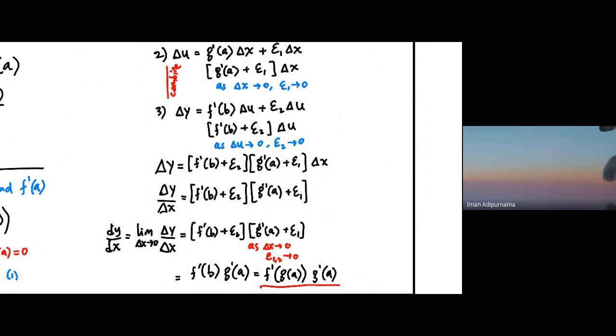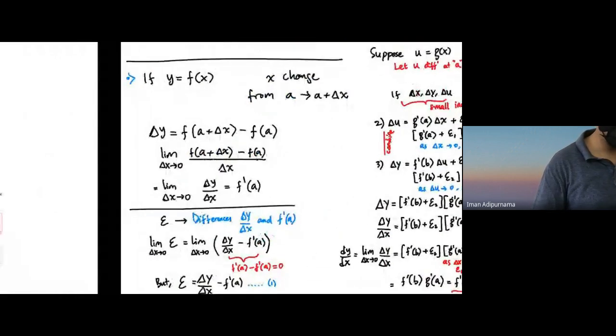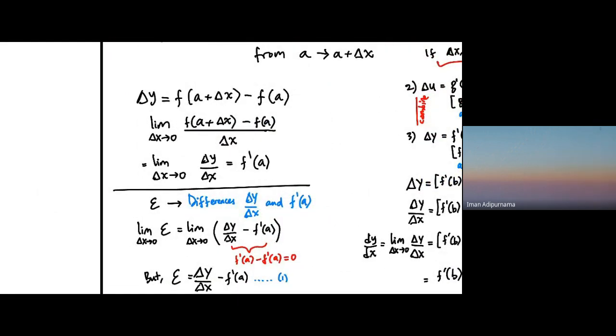I think the important part for the chain rule is this part. The first part is to introduce you to the symbols, the terms, and then put inside this chain rule. So the first one here is to make you familiar with some term symbols, like the epsilon here. What's the epsilon?